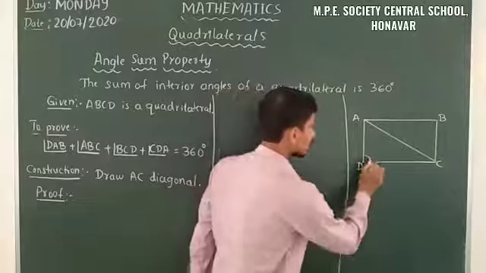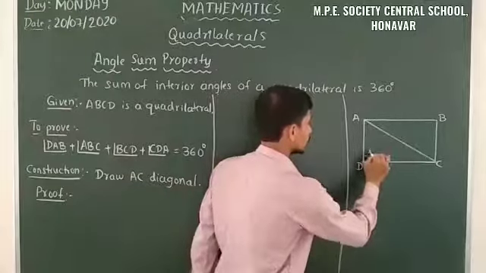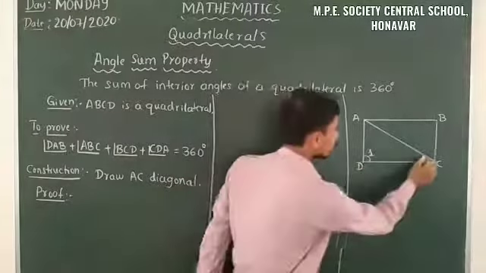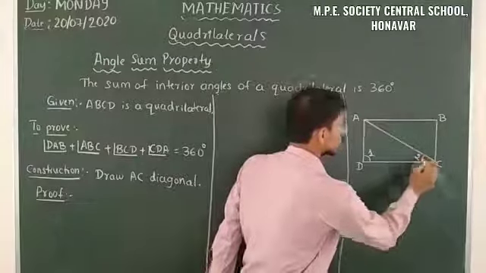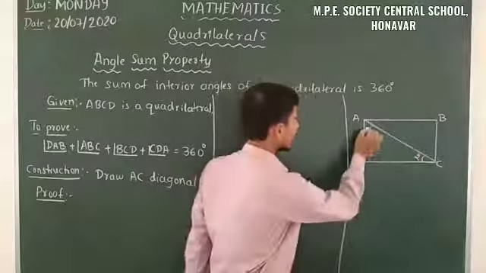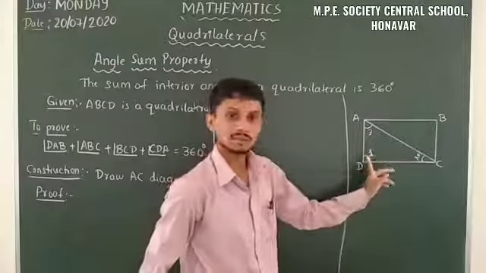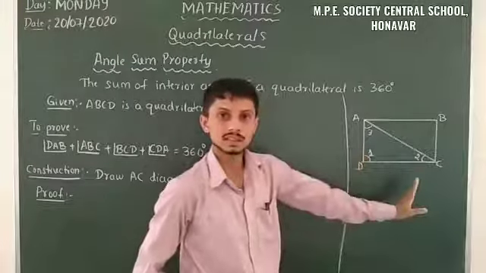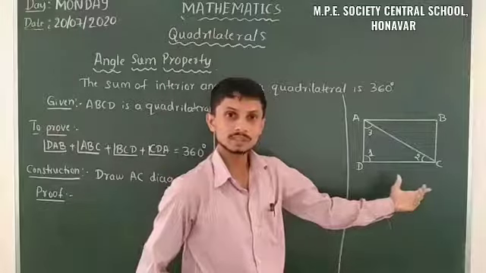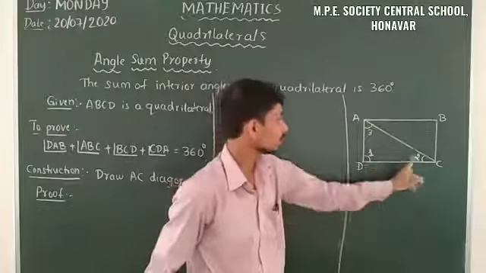I will name this angle as angle 1, this angle as angle 2, and this angle as angle 3. For the first triangle, the angles are named 1, 2, 3.